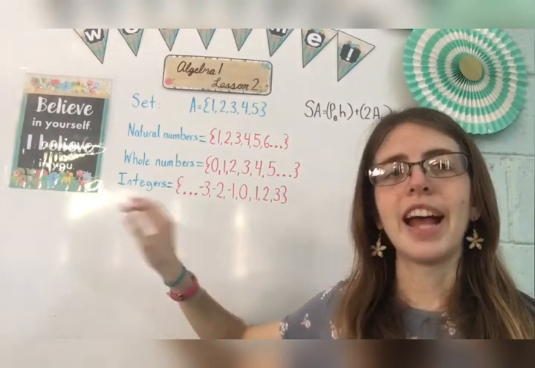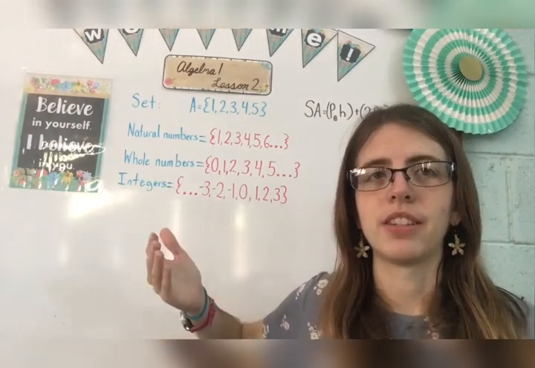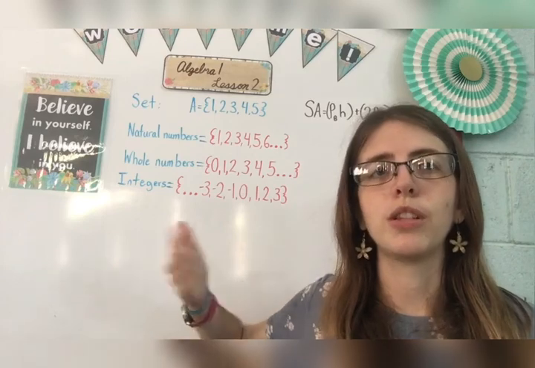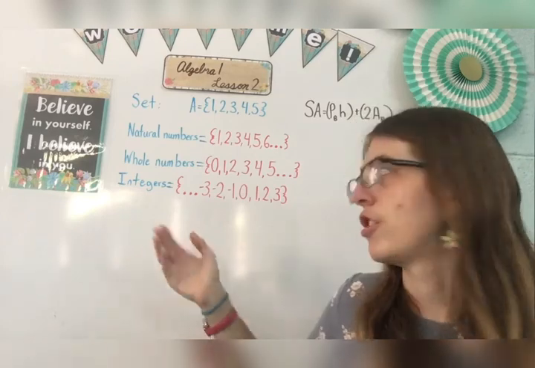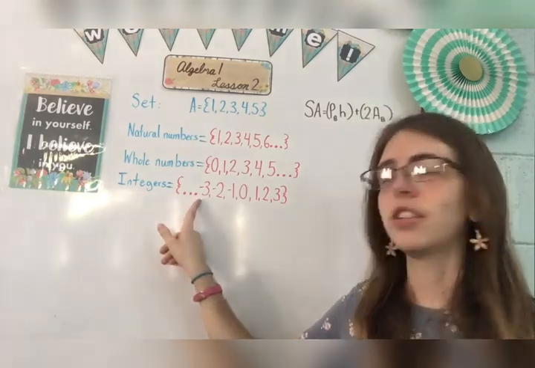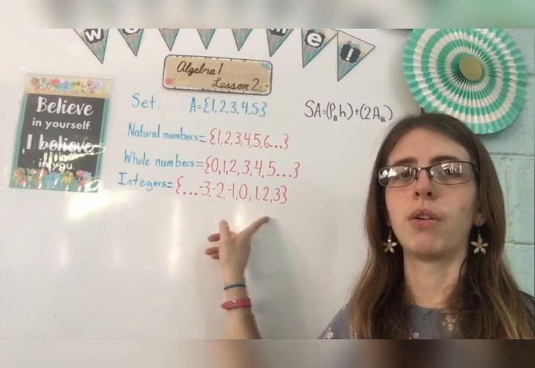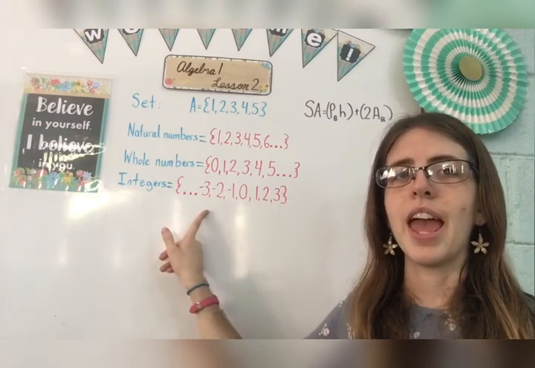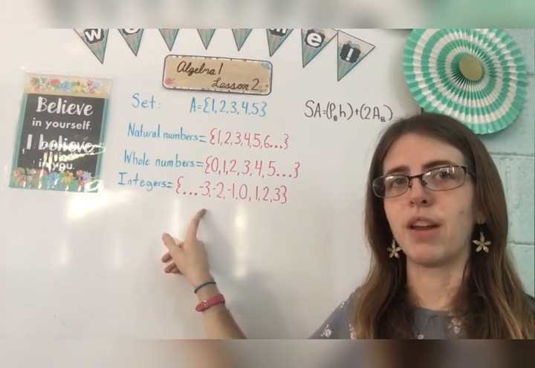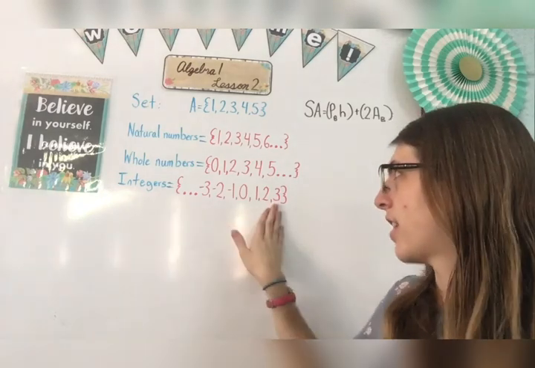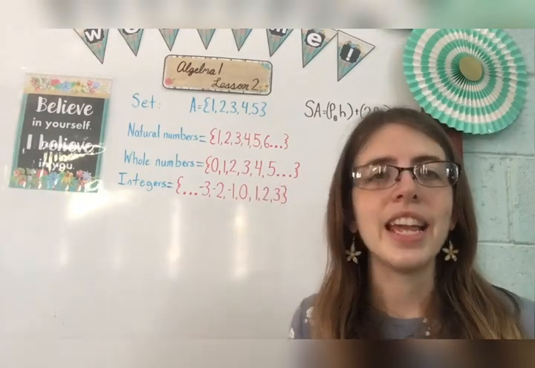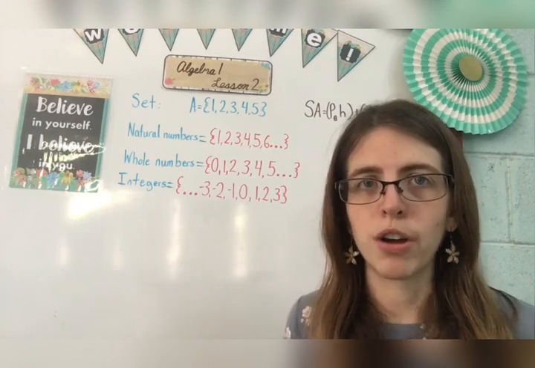Integers. That's when you include the opposites of all of your natural numbers, when you include your counting numbers. Those are your integers. So our integers are all of our whole numbers, all of our counting numbers, and all of our negative numbers. And the dot, dot, dots in each of these sets indicates that it continues onward.